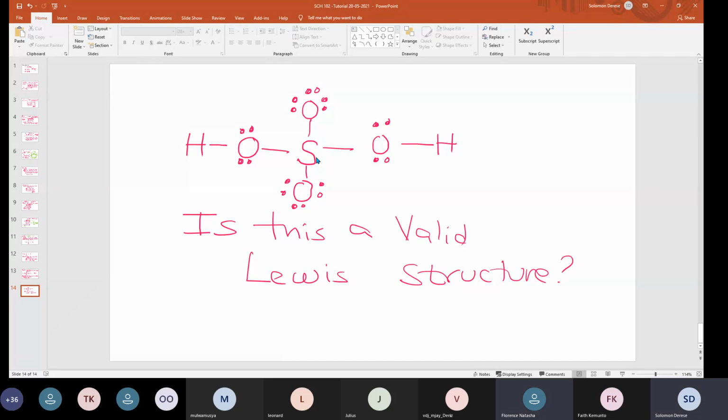Is it a valid Lewis structure? I want reactions. I want to listen to the yeses first before the no. Anyone who says yes?